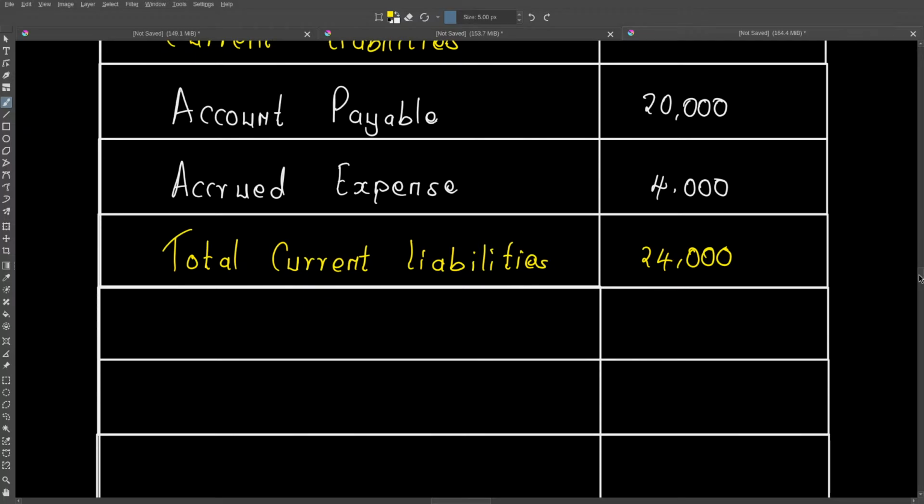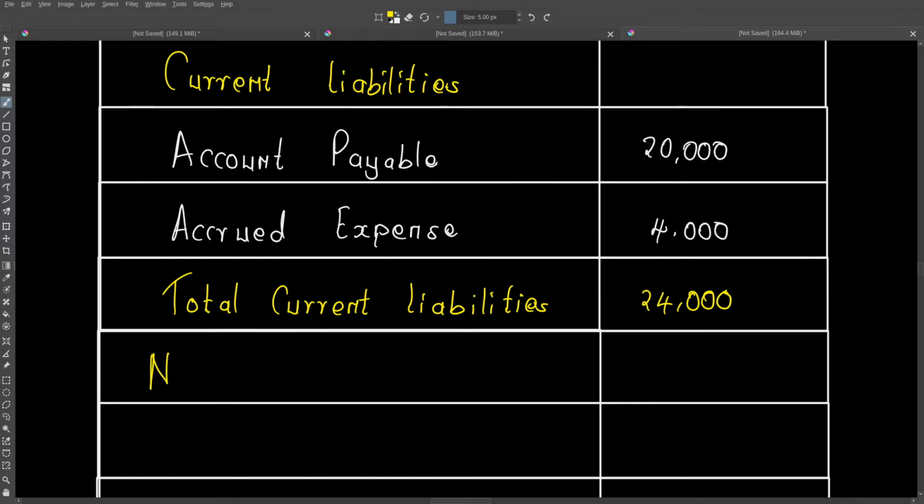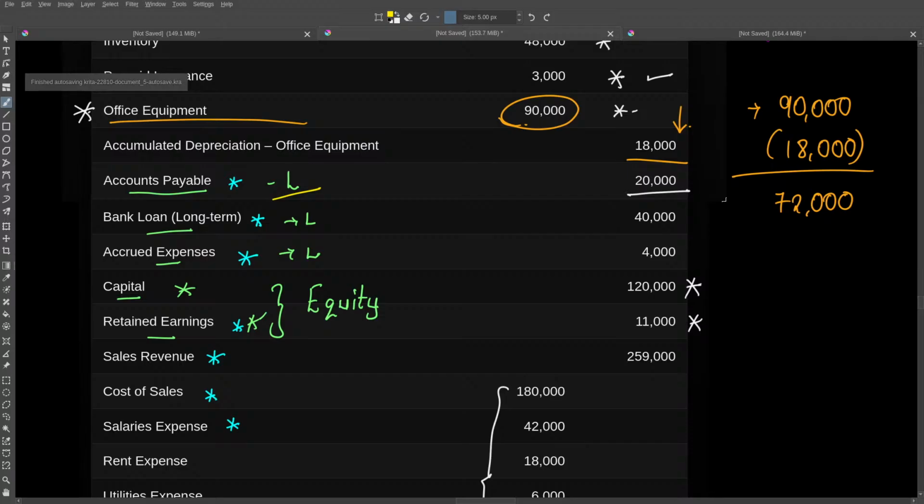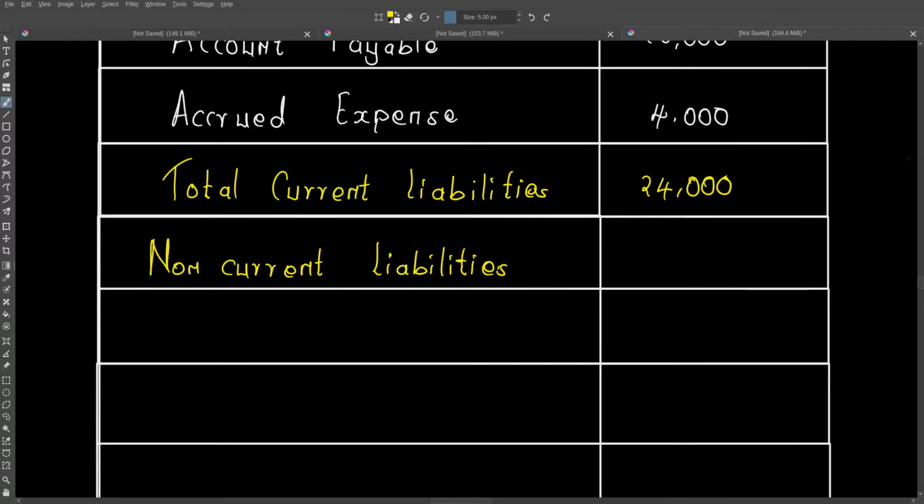Now let us look at the non-current liabilities. These are liabilities that will take more than one year to settle, and in this case we have a bank loan of 40,000.